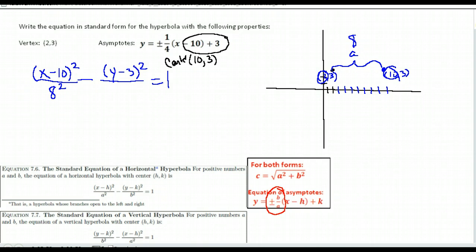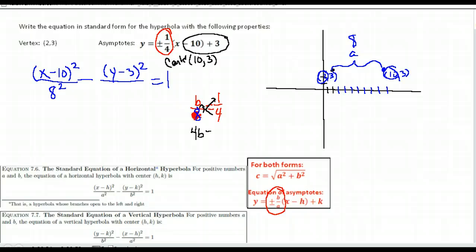And again, we're going to use the fact that in the asymptotes, the slope is always b over a. The slope given to us here is 1/4. And we know that a is 8. So I'm going to replace this a here with 8. And now I'm going to solve that equation to find b. A little different than some of the others we've done.